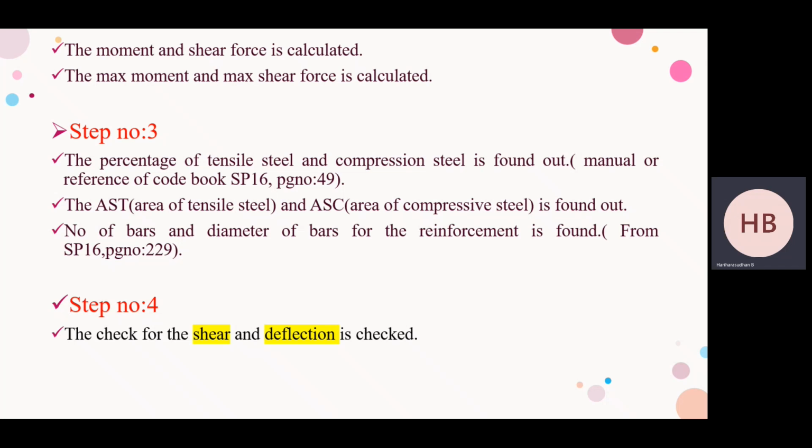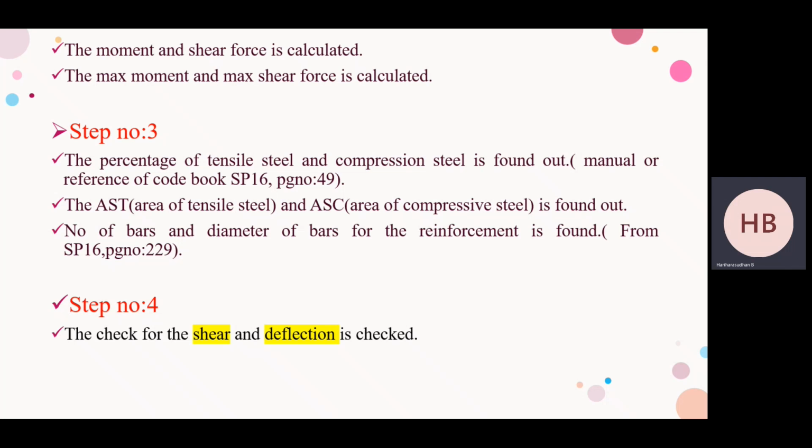In SP 16 page number 49, we can see the percentage of tensile steel and compression steel in the second row of one column, which denotes Mu divided by bd square. Then the Ast and Asc are found out by the formula pt is equal to 100 Ast divided by bd.